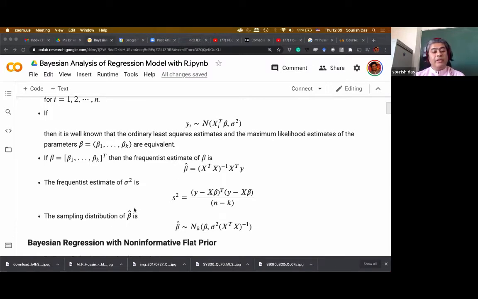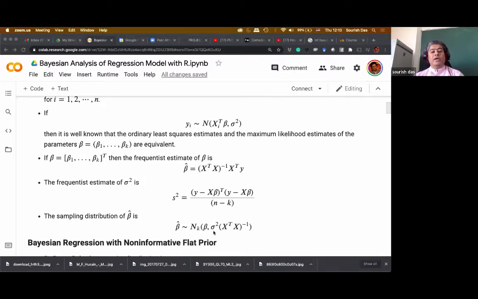Another important thing is the sampling distribution of the regression coefficient estimate beta hat. It follows a k-variate normal distribution with mean beta and covariance matrix sigma square (x transpose x) inverse.